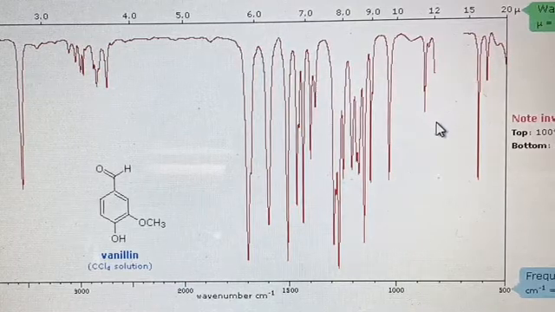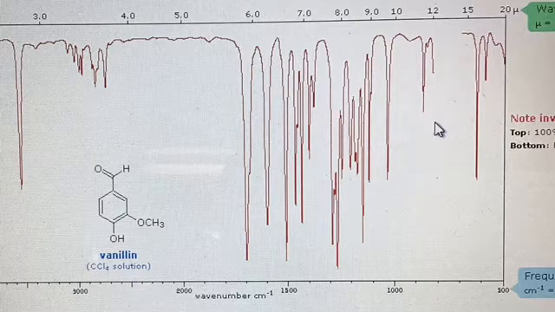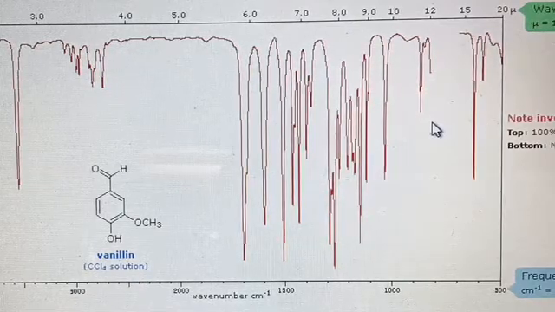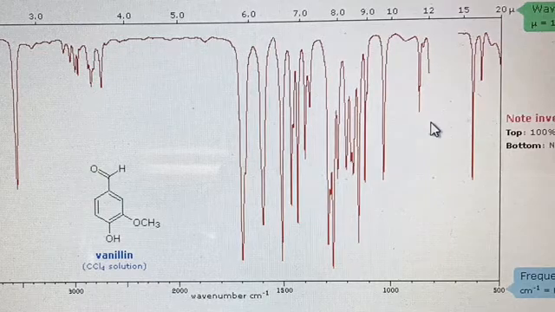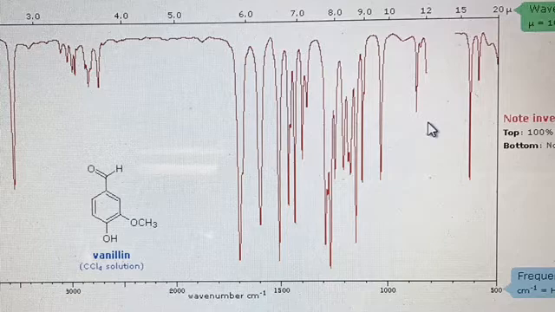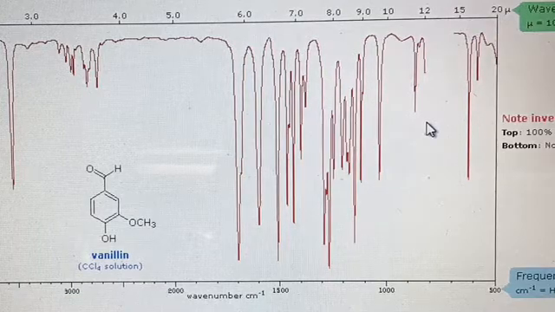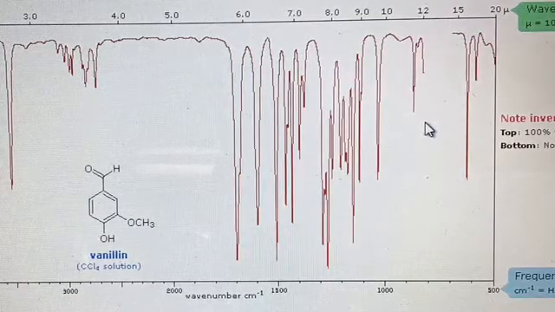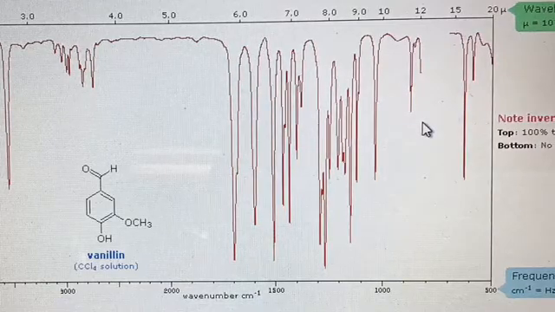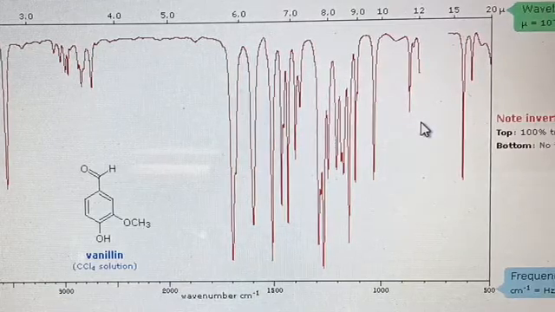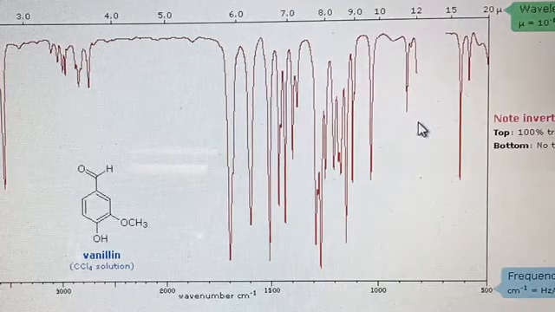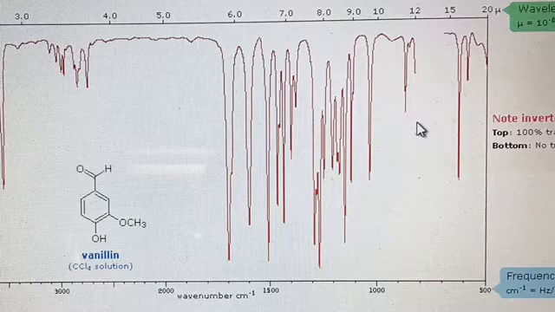So what it does is it measures the amount of light that passes through the vanillin molecule at these wavelengths and how much is transmitted. We can also measure how much is absorbed, and some spectrophotometers allow you to measure how much is reflected. But this one is for the transmission, or the light that passes through.